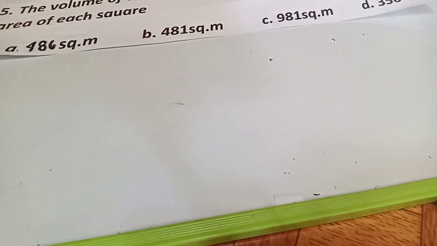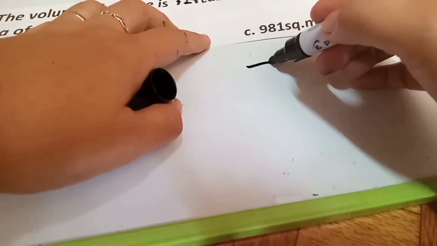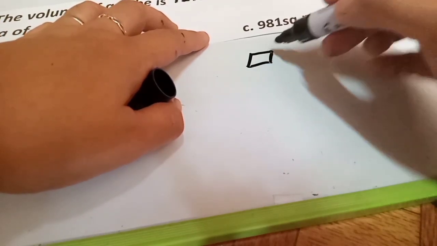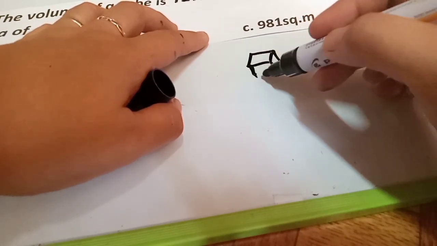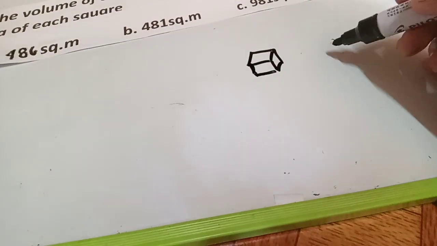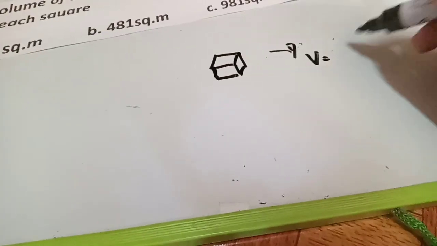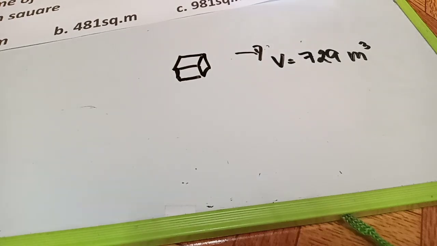So, we know that the volume of a cube, this is the cube. We will draw this one. It represents like this. Right? So, the total volume is 729 cubic meters.